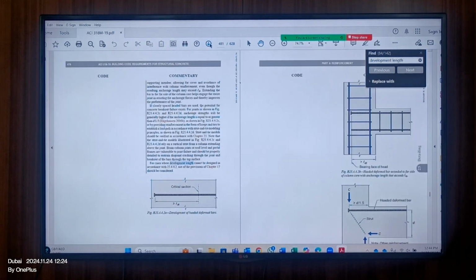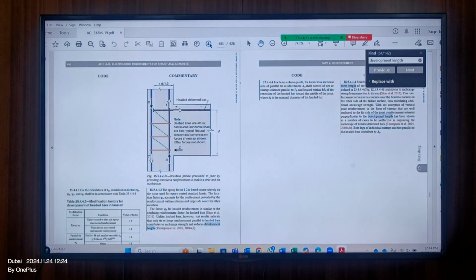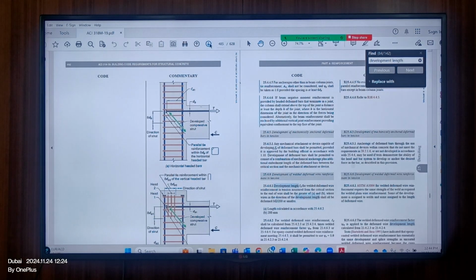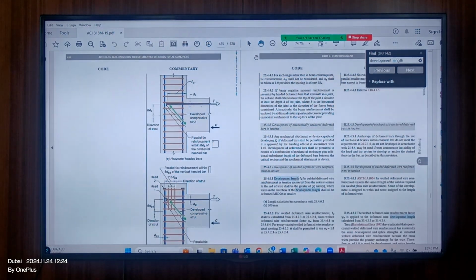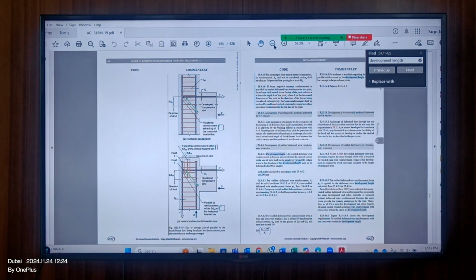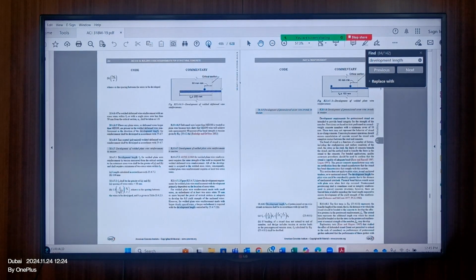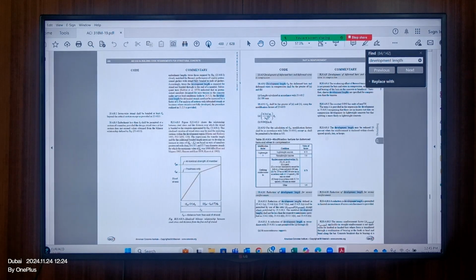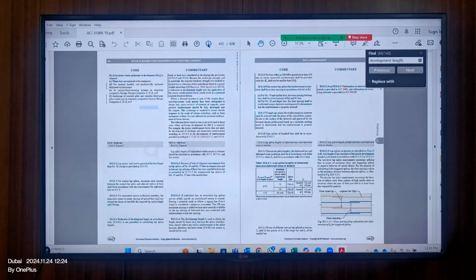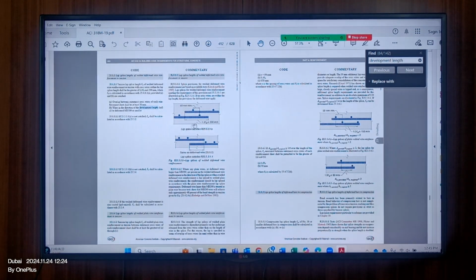Now coming back to the deformed bar, the splice. Here, can you see here? The last splice, which is 1.3 times of Ld. Can you see here? 30%. I can show you in the table as well.